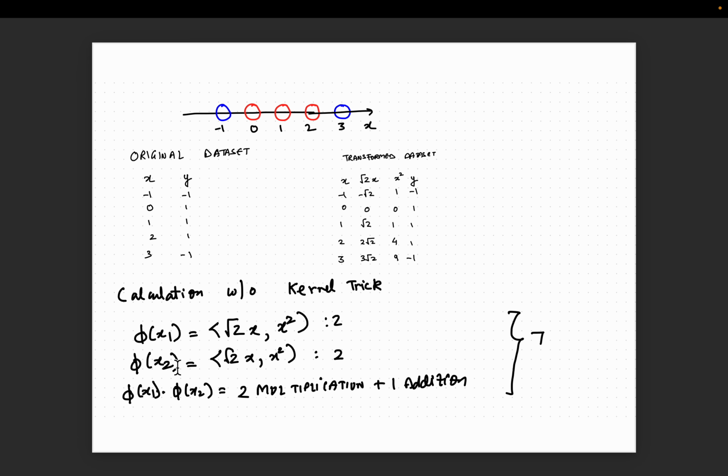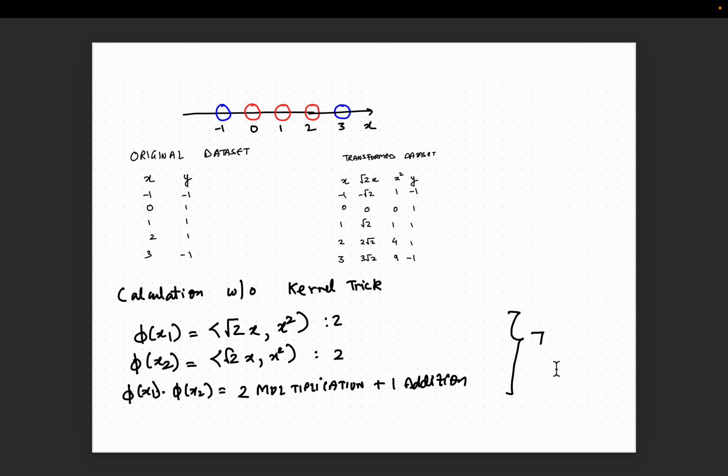Similarly, phi of x2, how many calculations does it require? 2. Once you have calculated phi of xi and phi of xj, you have two vectors of length 2. Now you have to do a dot product of them. So therefore, you do root 2xi into root 2xj, one multiplication, xi squared into xj squared, another multiplication, and then one addition. So therefore, the total number of operations, let's assume each operation takes unit time, is 7 unit operations needed.